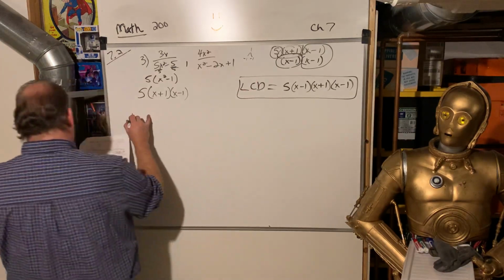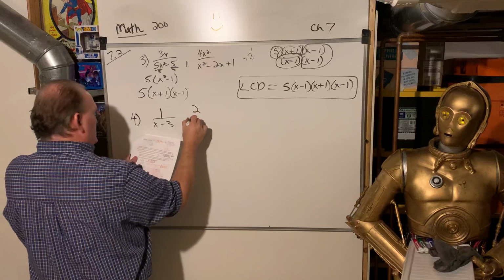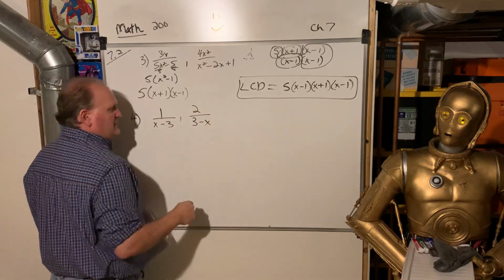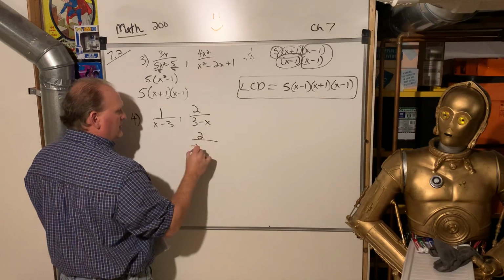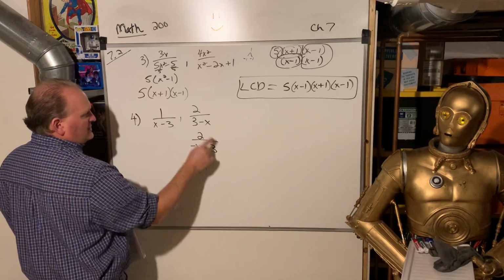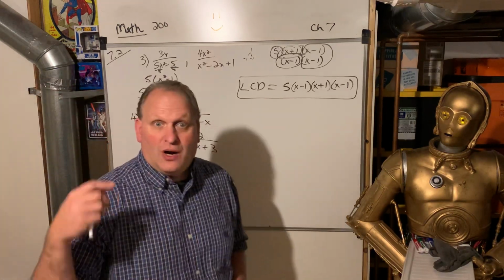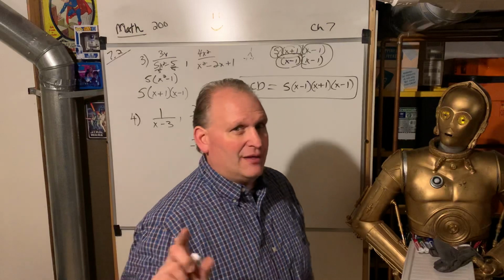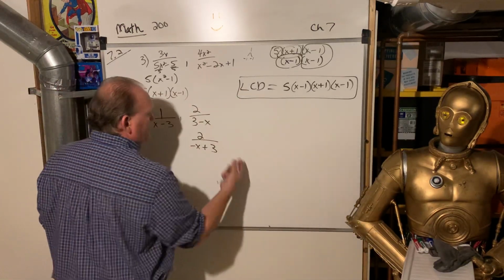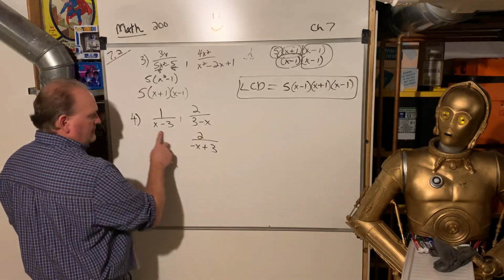And then number 4, this one, they give our LCD. So be aware, when they write it backwards, they're up to no good. Let's write it forwards. We usually put the variable first and the number second. So when you see it reversed, a red flag should go off. There's something wrong there. Okay, so now look.